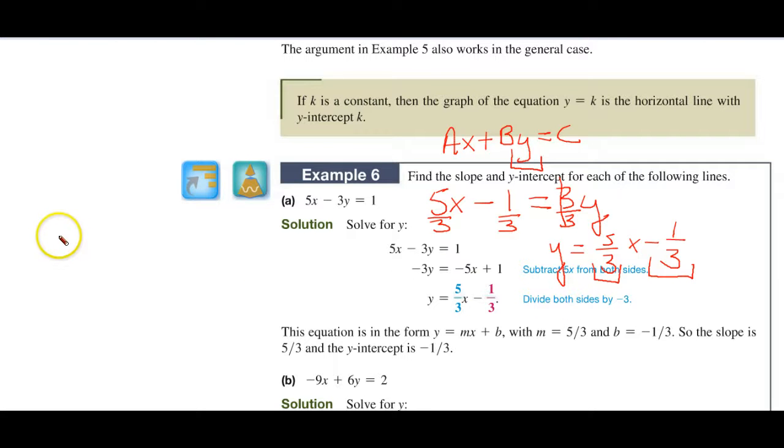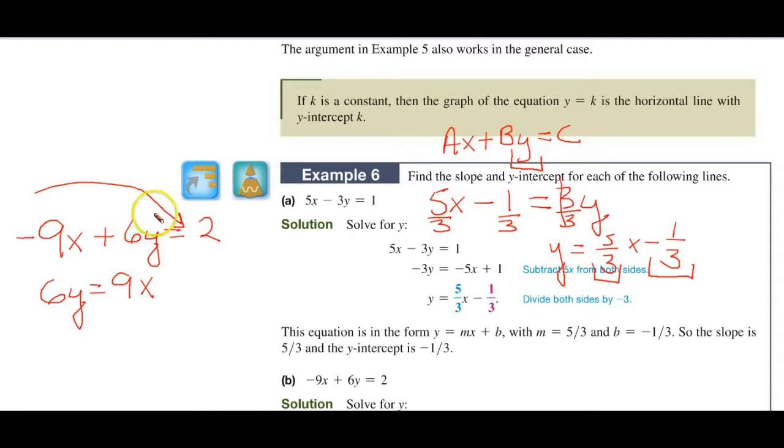All right, let's do letter B here. Negative 9x plus 6y equals 2. Well, my y is already positive, so I'm going to transpose the x, and I get 6y equals 9x, and the 2 is already over on that side.